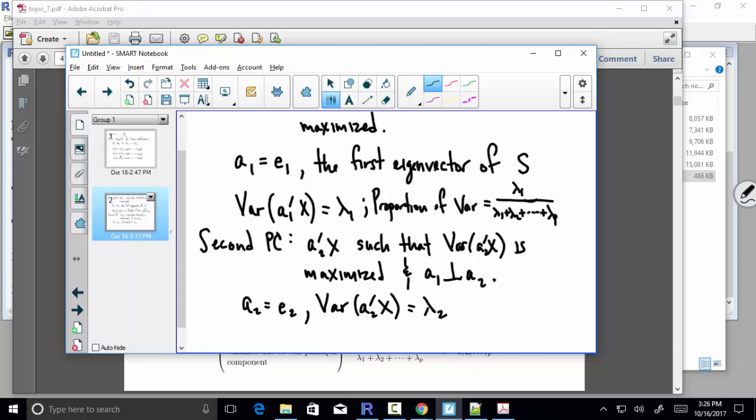If the sum of the lambdas equals the total variance, then taking lambda 1 divided by the sum of the eigenvalues tells me the proportion of variance that is explained by the first principal component. And similarly, the proportion of variance that's explained by the second is lambda 2 over total variation.